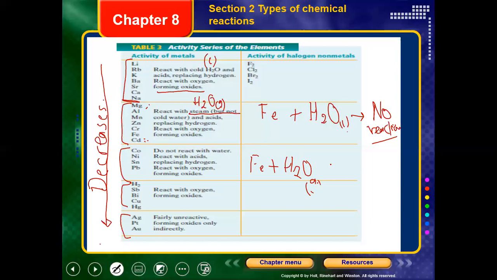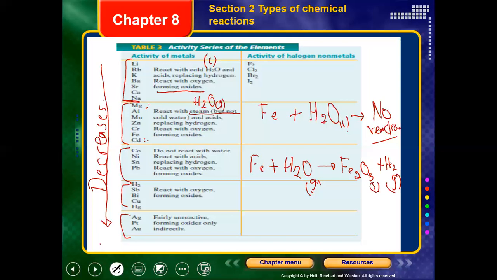But if you have iron plus H2O gas, there is a reaction and the product is Fe2O3 plus hydrogen gas. Then don't forget to balance the chemical equation.